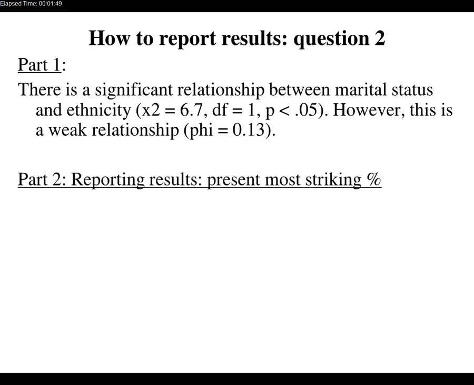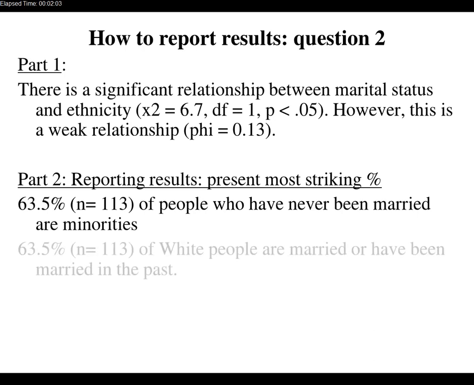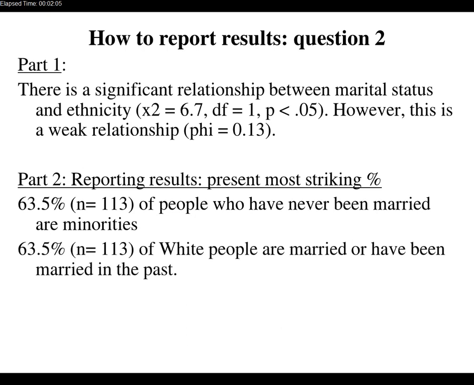Part 2, we present the percents. Okay, and so we would say that 63.5%, in this instance n equals 113 people, who have never been married are minorities, and 63.5% and 113 of white people are married or have been married in the past.